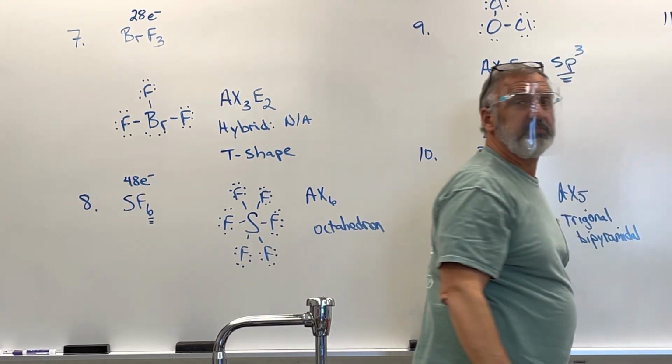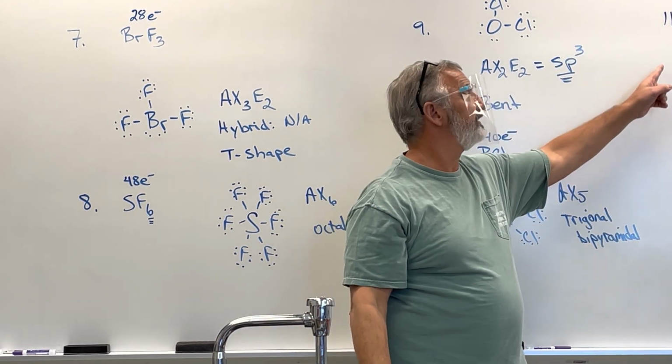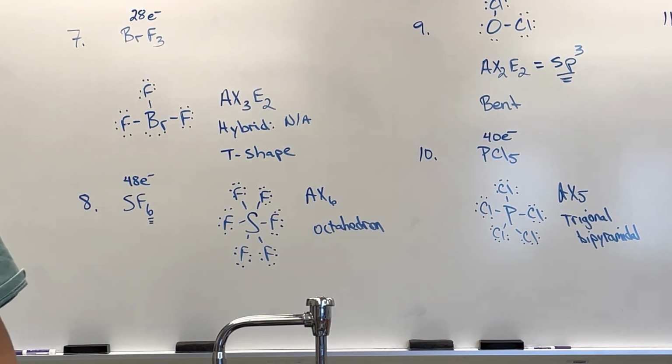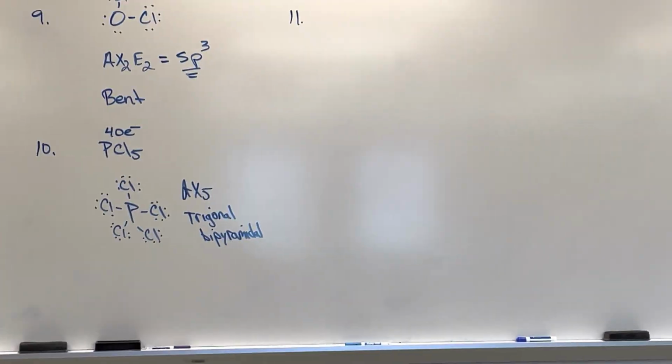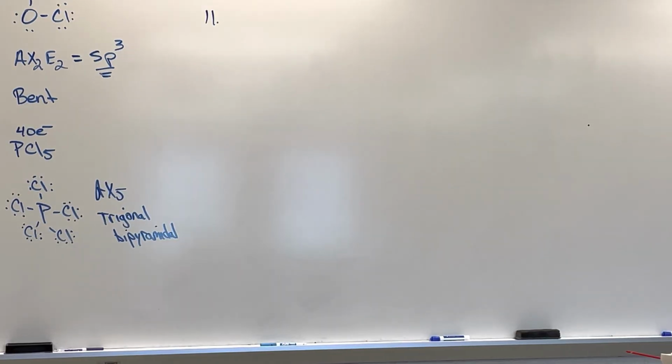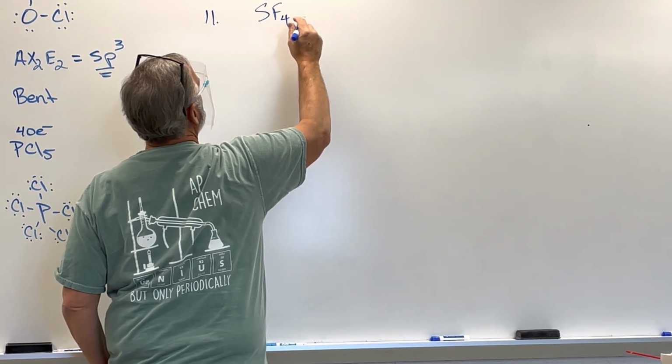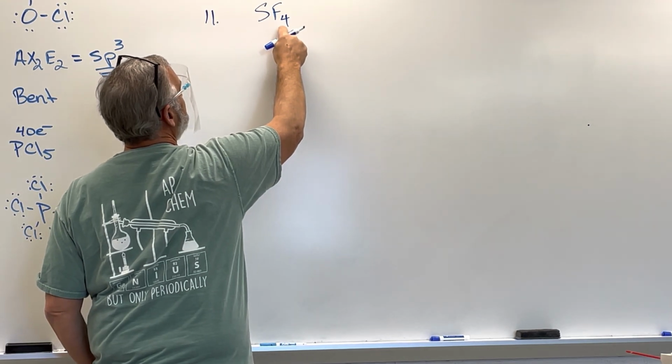Number 11. Am I still on the screen over here? Okay. So what's 11? SF4. Okay, so I count my electrons. 7 times 4 is 28 plus 6.